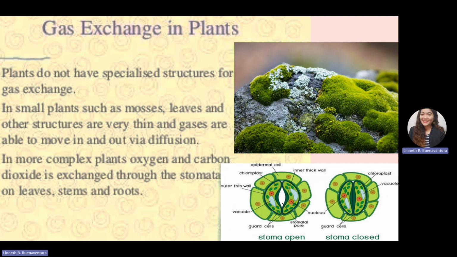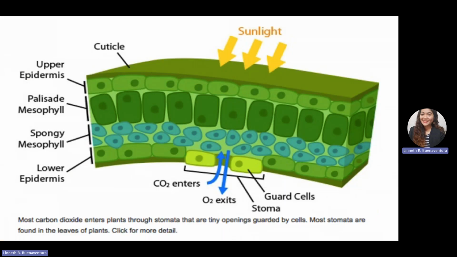The stoma consists of guard cells that allow oxygen and carbon dioxide to enter and leave the plant cell. Okay, so this is an illustration showing how the gas exchange happens in plants.